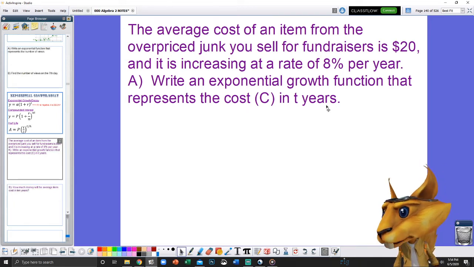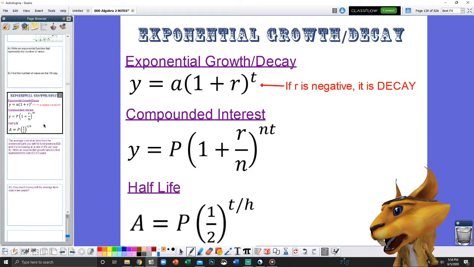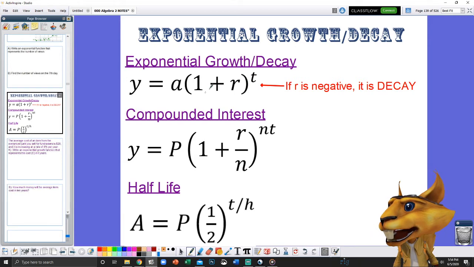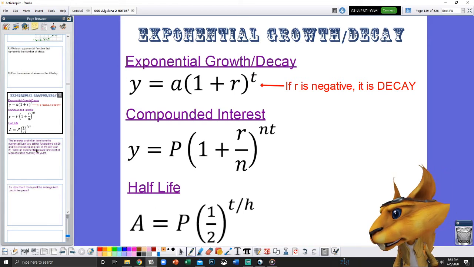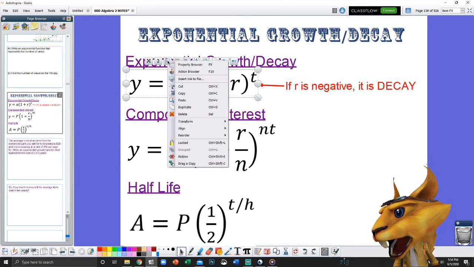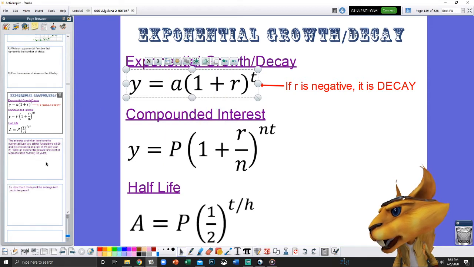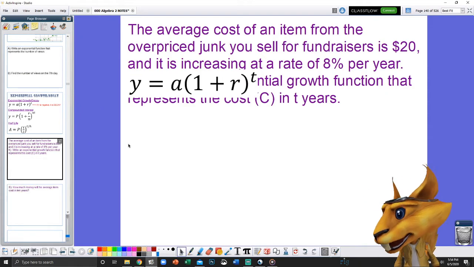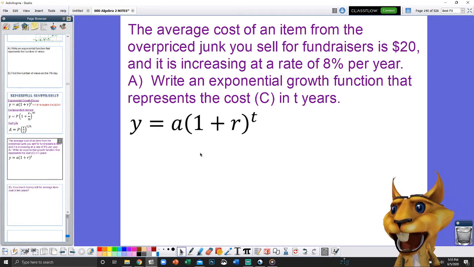So let's go. First, we have to figure out which formula we're going to use. Since we're talking about a growth, just a generic growth, it doesn't say anything about compounded interest. There's no half-life involved. I'm going to use that top formula right here. And I like to make life easier, so I'm just going to copy this and paste it. You can do that too on your paper if it's electronic.